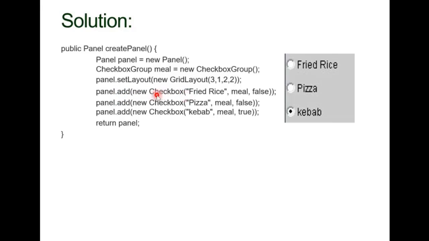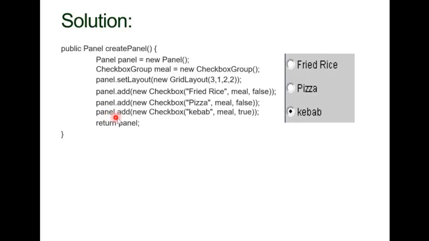Remember, each component is a Checkbox. Checkbox fried rice, and then meal is the CheckboxGroup object, meal, comma, false, not selected. Next one, panel dot add new Checkbox, another component, pizza, then comma, the object of the CheckboxGroup, meal, comma, false, not selected, right?